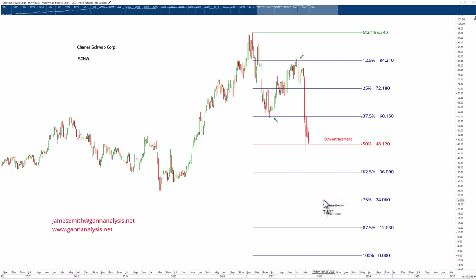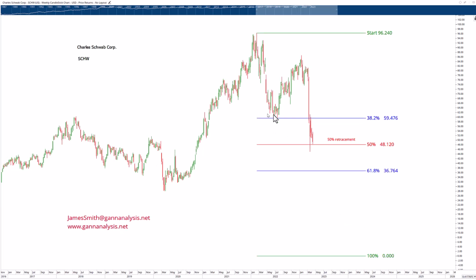So symmetry is important. If this support, 36.09, gives way, I would be looking at 24.06 and, of course, 12.03. They're all important, but the reality is right now we're focused on this Fibonacci level. If this gives way, we're going to be looking at 36.76.